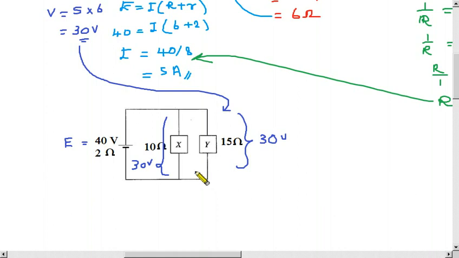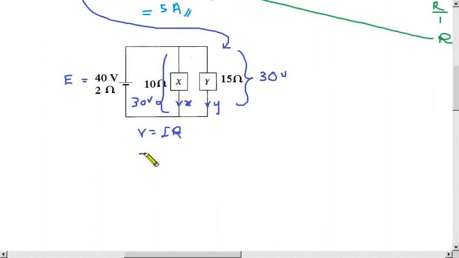So now we have to find out the individual currents, this one X, suppose Y. So V equals IR. V is now 30, I is X, R is 10, then the current is 3.